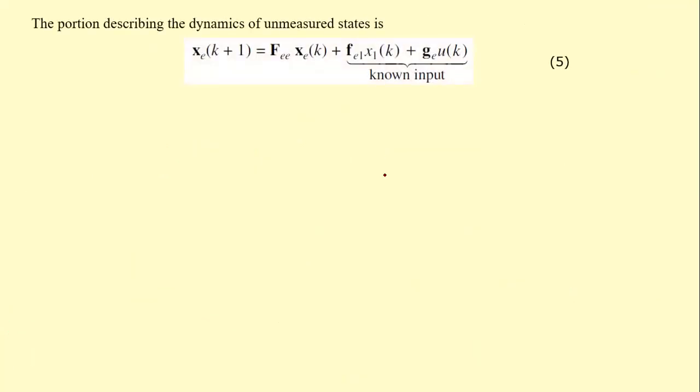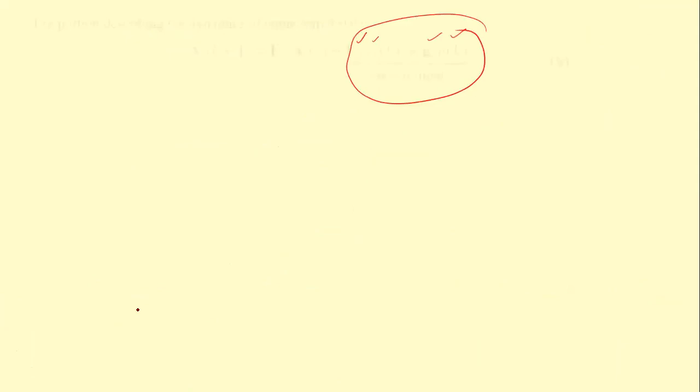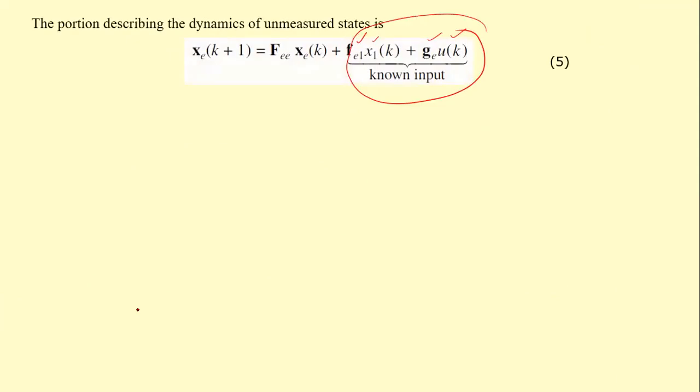Here fe1 x1k and geuk are the known inputs, because if you see here, we have simply replaced F12. We have the F matrix, the system matrix, and we kept F11 as it is. We replaced F12 with Fe1, F21 with F1e, and so on, right? Like this we have this equation.